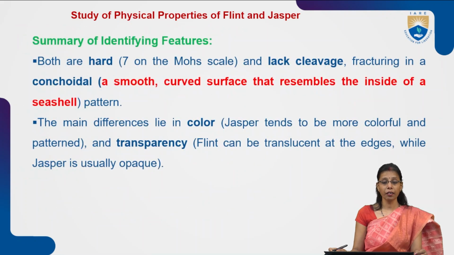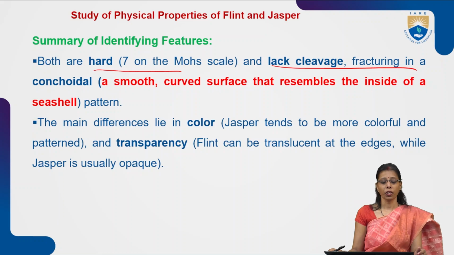Now, a summary of identifying these features. Both are hard, measuring 7 on the Mohs scale, which is known as a hard material, and lack cleavage, fracturing in a conchoidal manner. So it doesn't have any cleavage.